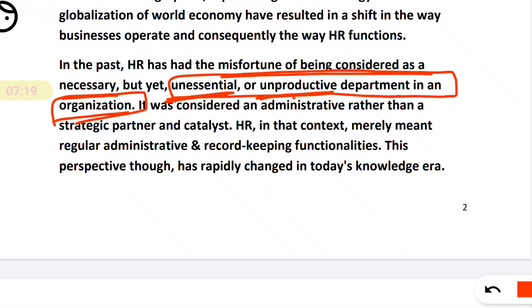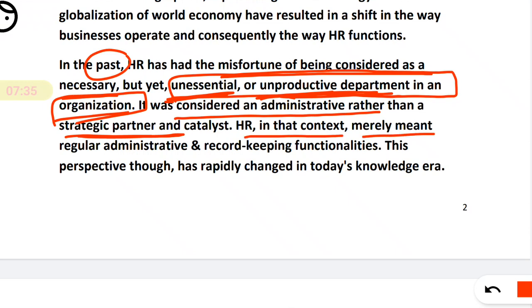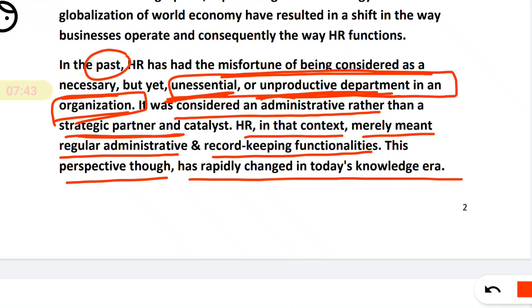It was considered only administrative rather than a strategic partner. HR then merely meant regular administrative and record keeping functionary. This perspective has rapidly changed in today's knowledge era.